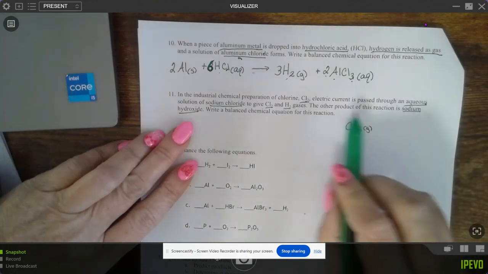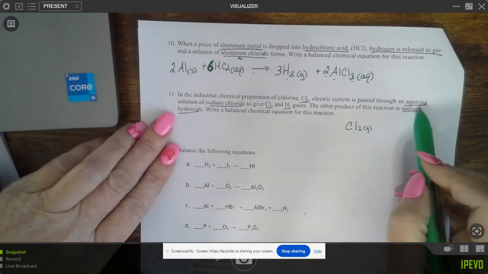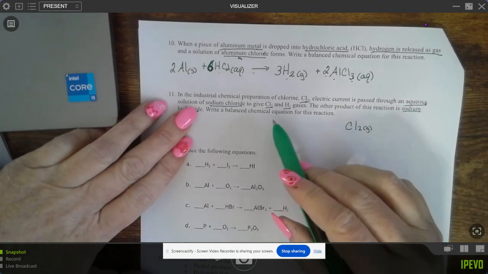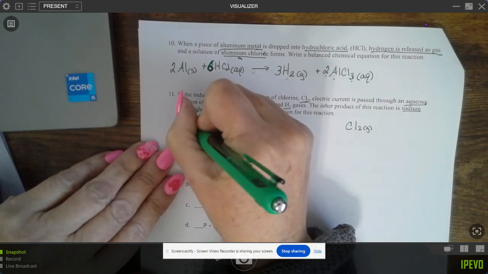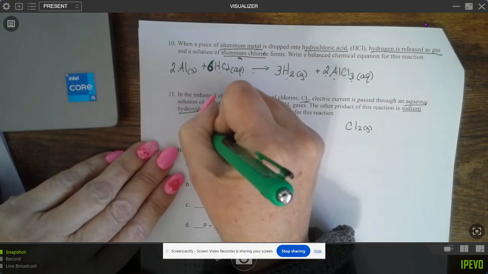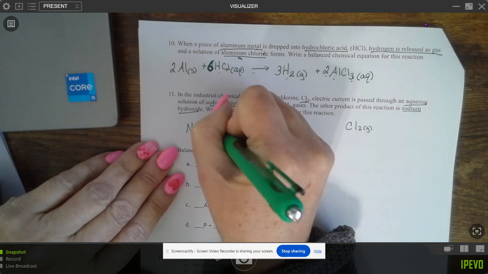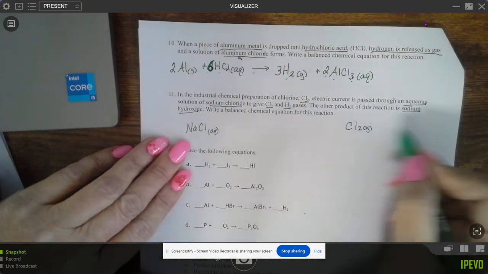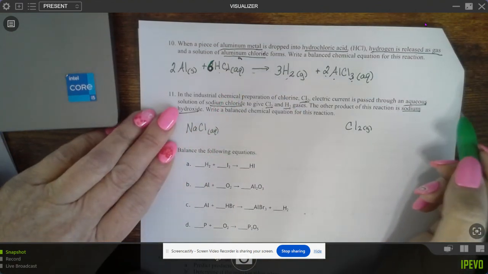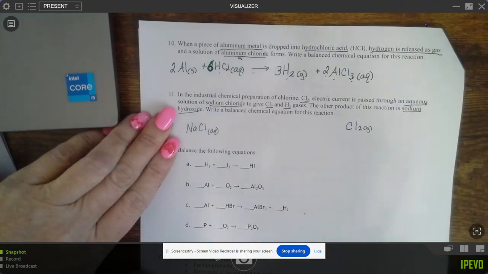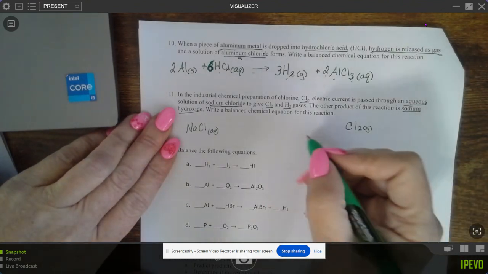Okay, an electric current is passed through an aqueous solution of sodium chloride. So sodium chloride is NaCl, AQ for aqueous. All right. And in this reaction, okay, I'm going to wait a minute and I'll explain something to you.